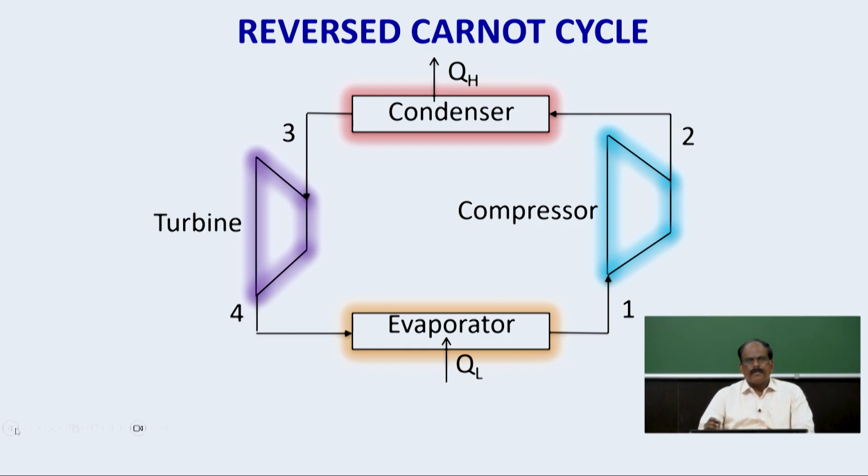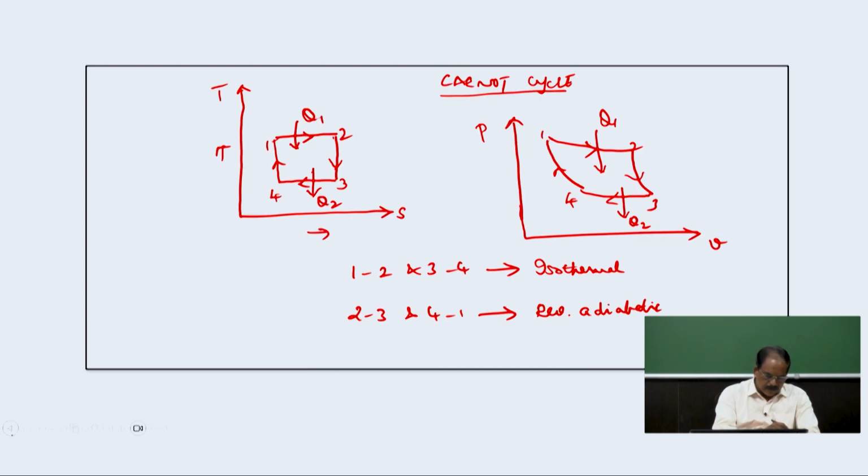Before seeing the reversed Carnot cycle, let us evaluate the efficiency of this Carnot heat engine, which is operating between two temperature limits, T1 and T2.